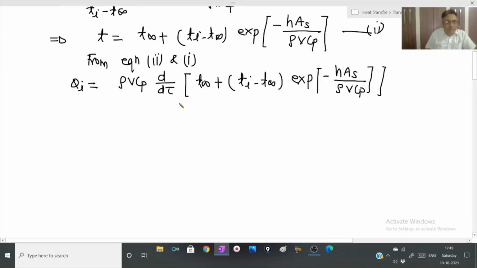Now differentiating with respect to time will give me rho V Cp.